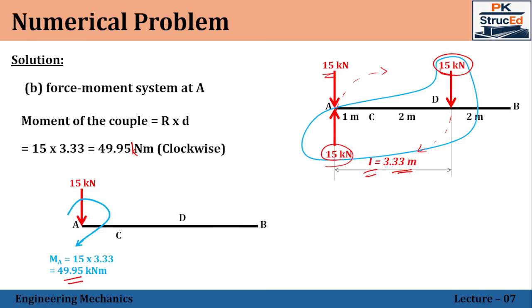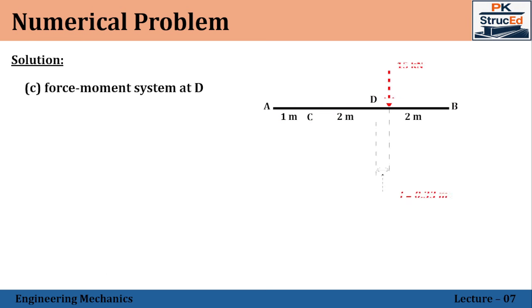Okay. Now let us move with the force moment system over the point D. Since this resultant is acting at a distance of 3.33 from A, from point D that is only 0.33. So now we need to replace this one at the point D in the opposite direction. Again, now this and this will constitute a couple.